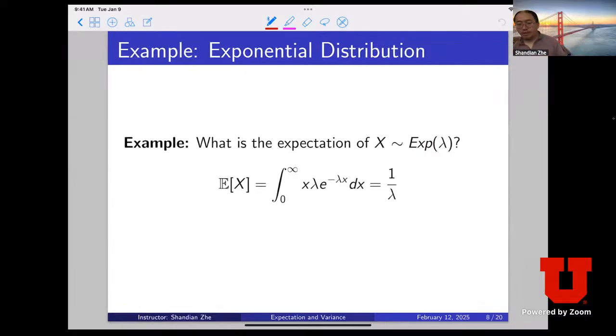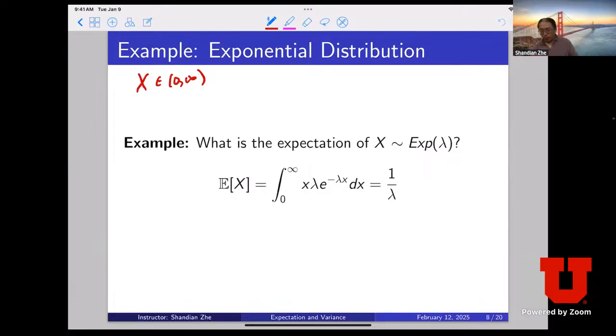So now we apply this definition and look at a few examples to strengthen our understanding. The first one we want to look at is the exponential distribution. As we mentioned, the value range of an exponential random variable is the positive numbers. It is usually used to model, say, the life of a light bulb, the inter-arrival time between buses, or service waiting time, and so on.